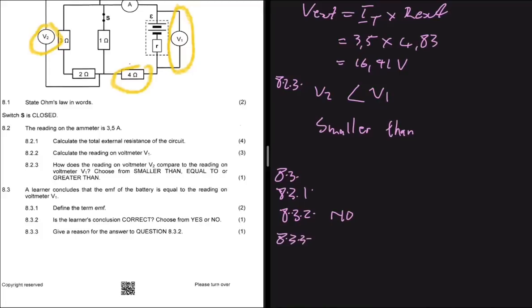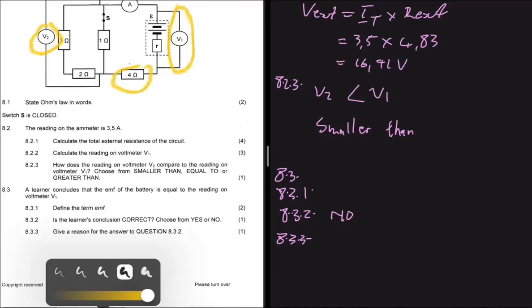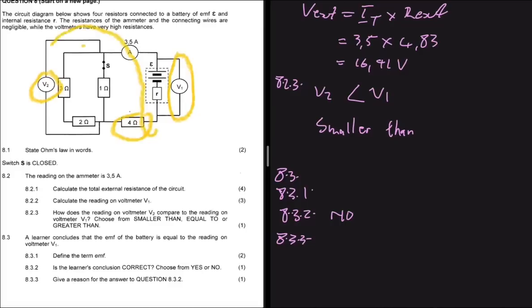So define the term EMF, right? So EMF is the reading on a voltmeter across the terminals of the battery when there's no current flowing to the external circuit, right? Back to what I was saying, if there was no current flowing to these external resistors that we have here, then V1 would be reading EMF, right?